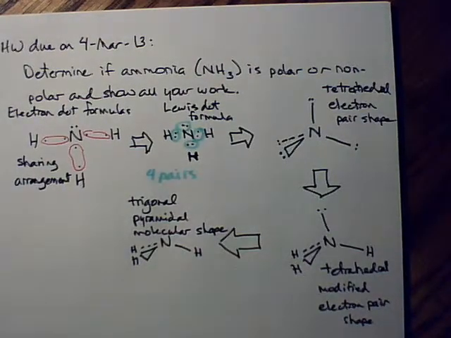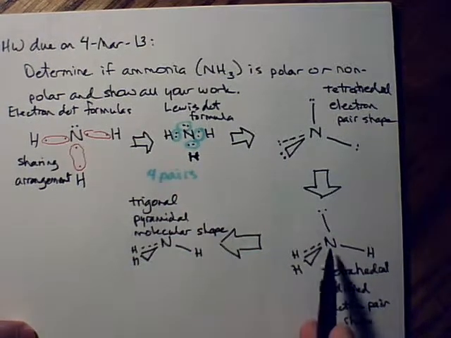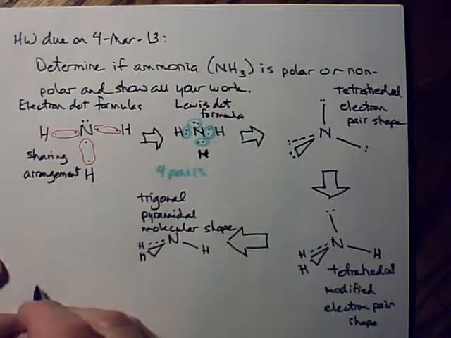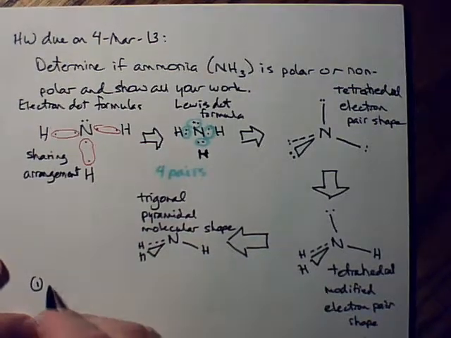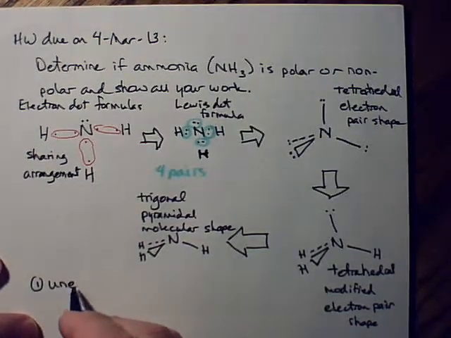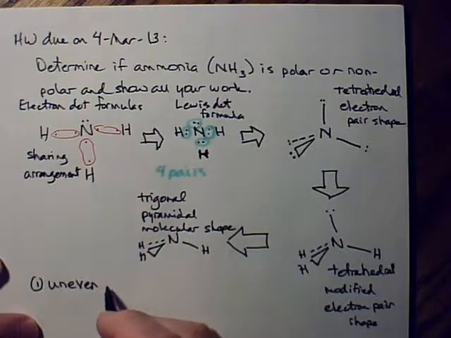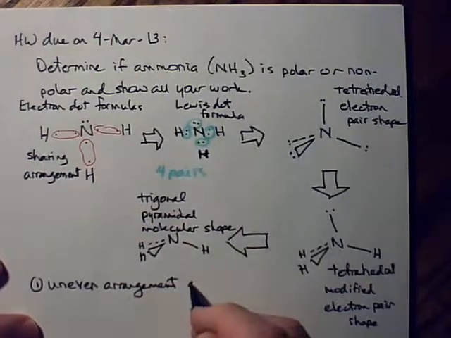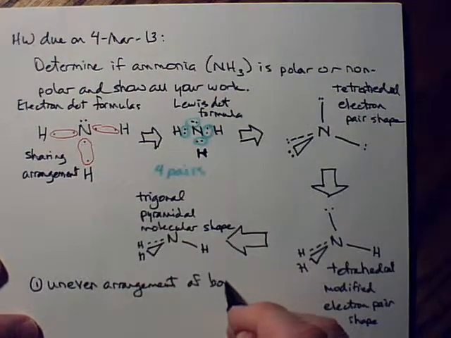Now, in order to know whether your molecule is polar or not, you've got to meet two conditions. The first condition is that we have an uneven arrangement of bonds.